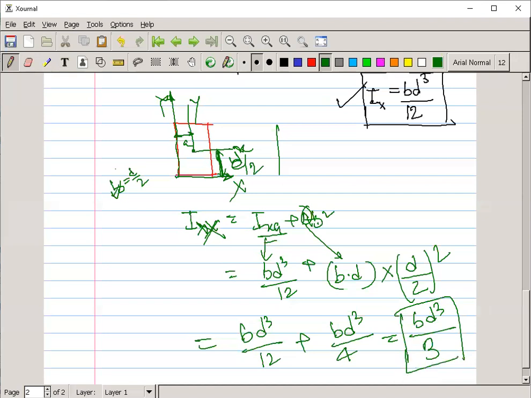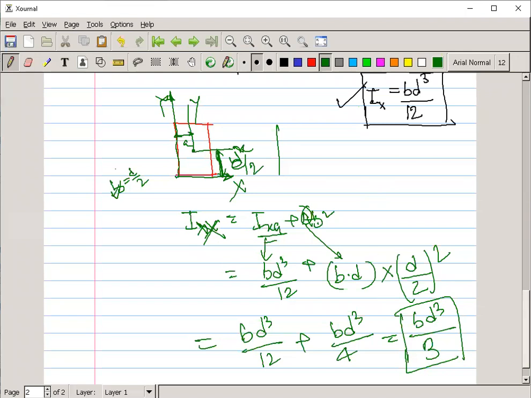Hello, please reply, student. Sir, how d by 2, which one? d by 2 whole square?